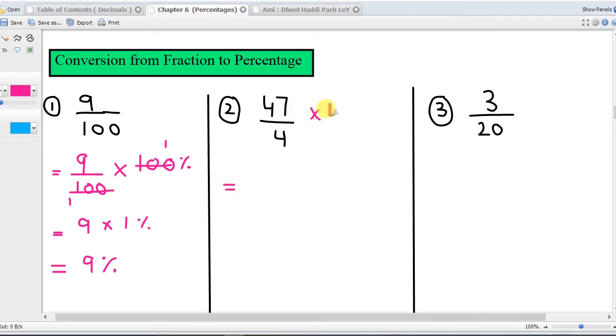So simply times it with 100%. Now can we simplify? Yes, this is the denominator, this is the numerator. If there is no value at the bottom, its value is 1. Remember the simplification rule, for that it must be a fraction. So this can be simplified on the times table of 4.